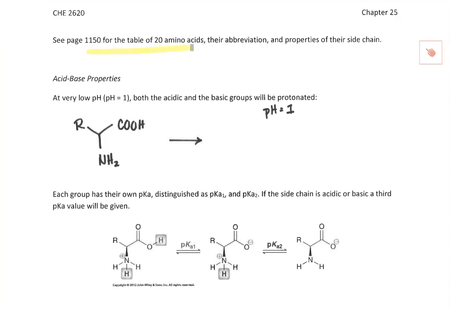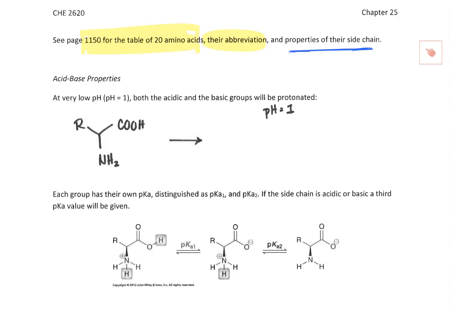So if you want to see this table of the 20 amino acids associated with their abbreviation, please feel free. It is not something that you will need to memorize. You will want to be able to know which ones, based upon the structure, would be considered acidic or basic, because that's some of the stuff that we're going to talk about now.